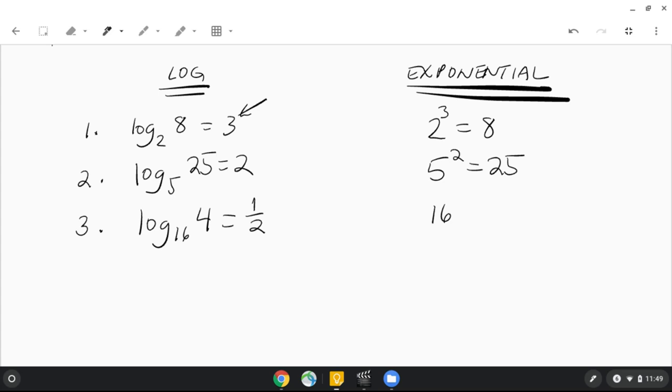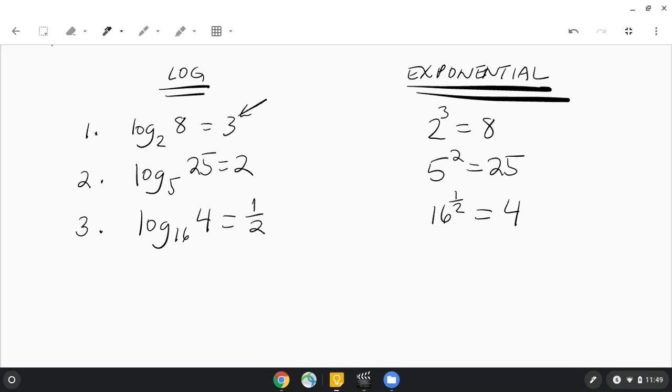So here you should have 16 to the 1/2 equals 4, which is true because an exponent of 1/2 is the same thing as the square root, and the square root of 16 is 4.